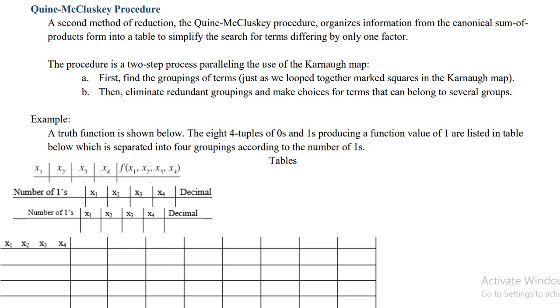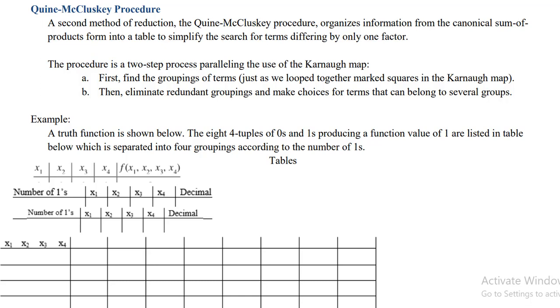So the procedure is a 2 step process, paralleling the use of a K-map. First, find the grouping of terms, just as we looped together marked squares in the K-map, and then eliminate redundant grouping and make choices for terms that can belong to several groups.